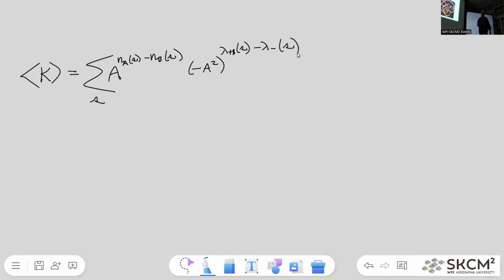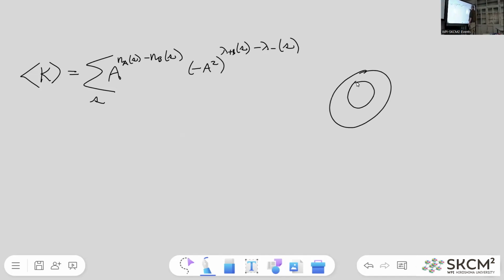So what would that look like if you were looking at some state? You might have some state like this. Maybe that's an A smoothing, and this is an A inverse smoothing, and that's an A smoothing. This is plus, and that's plus, and this is plus.